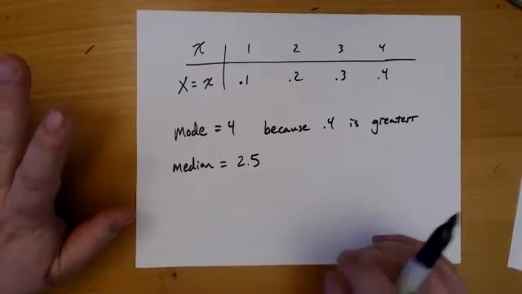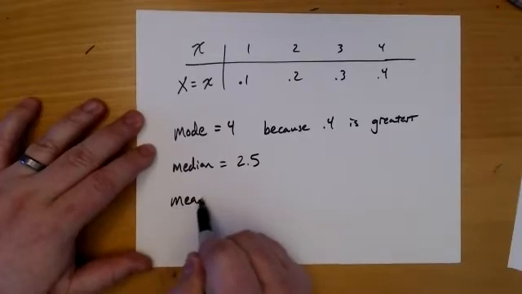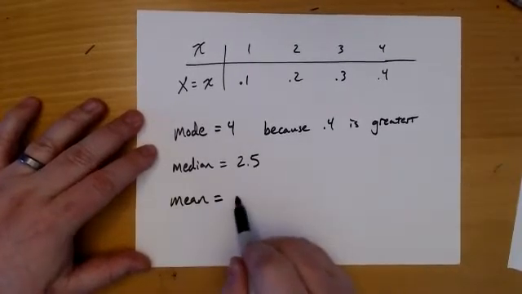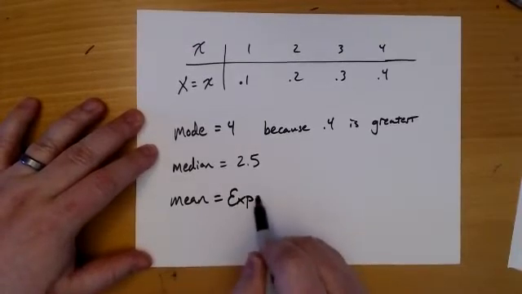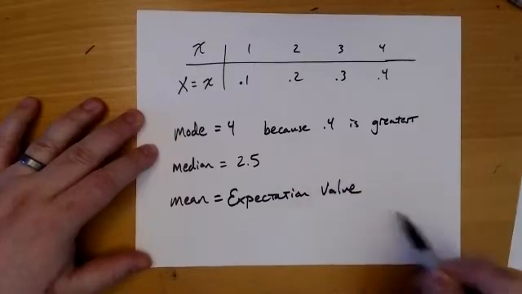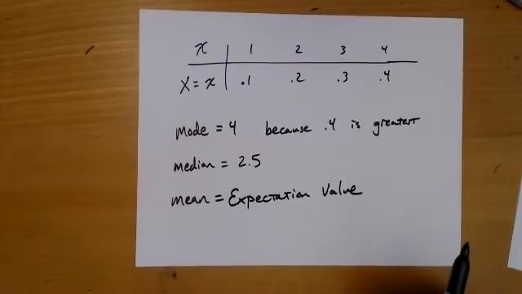I'm hoping. Now the mean is different when you're dealing with probabilities. This is actually called the expectation value. The expectation value is like the long-run result of doing this experiment many times.